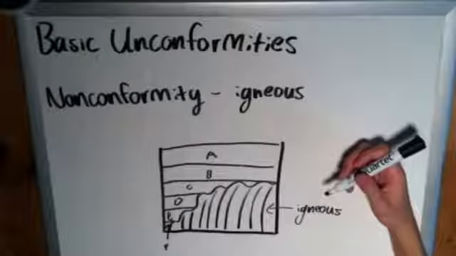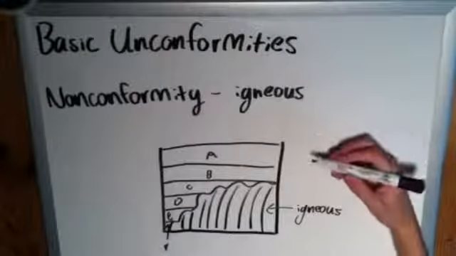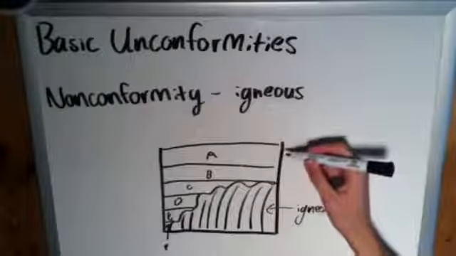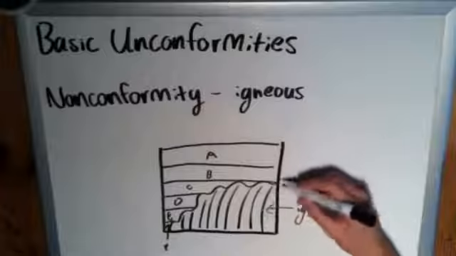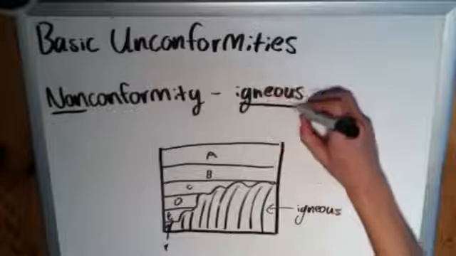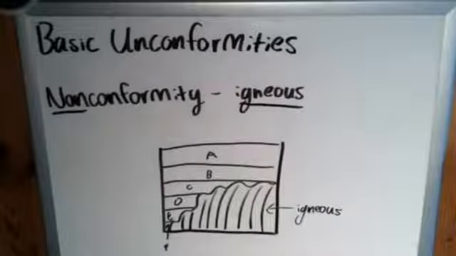So yeah, I guess my picture isn't the clearest, but if you're dealing with the topic of unconformities and you see strata deposited on top of an igneous intrusion, then you know it's a nonconformity. Nonconformities are igneous rock. And that's all there really is to it.